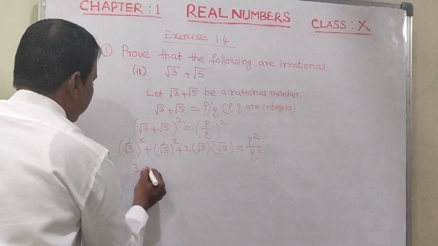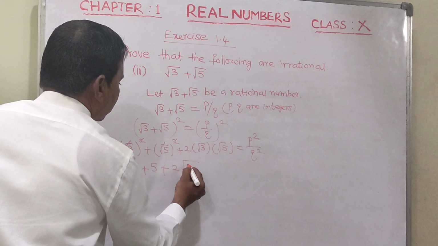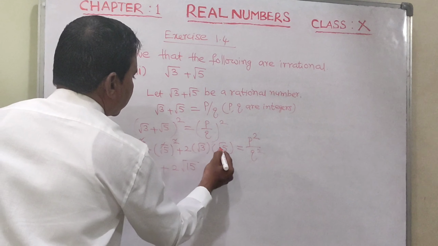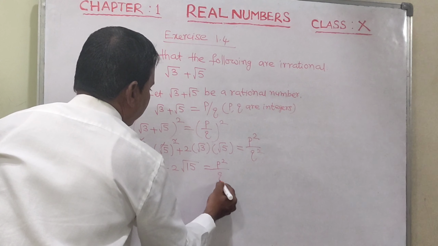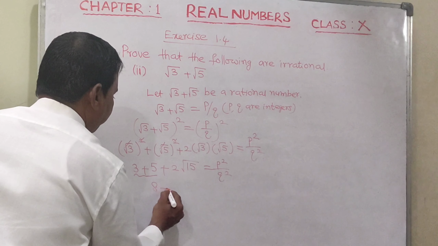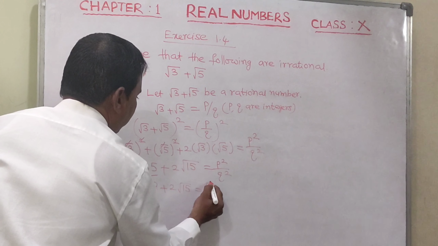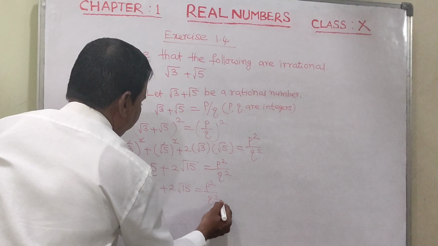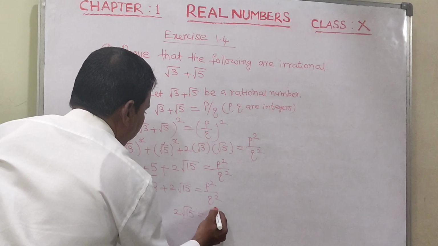Here 3 plus 5 plus 2 root 15, root 3 into root 5 is root 15, which equals p square by q square. 3 plus 5 is 8. So 8 plus 2 root 15 equals p square by q square.